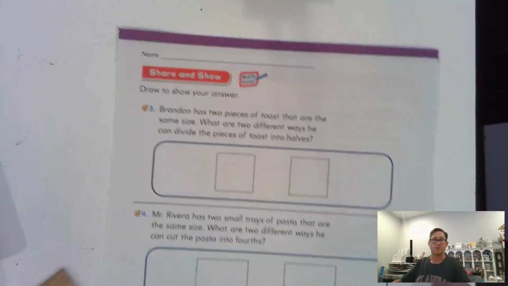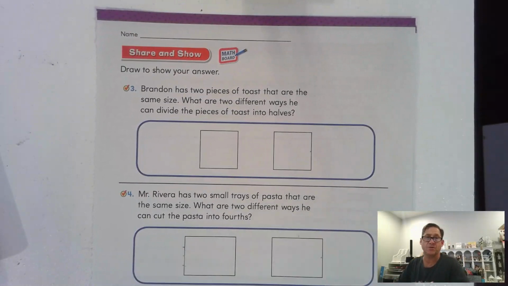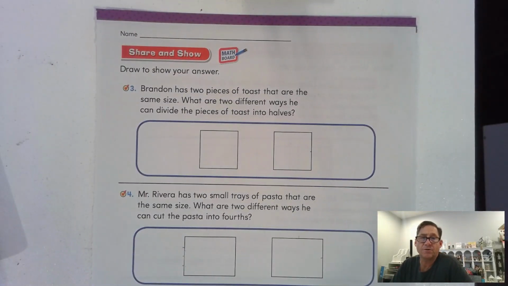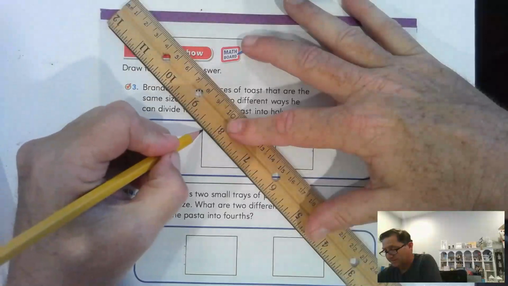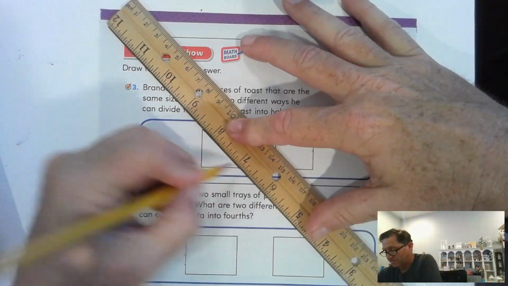563. Draw to show your answer. Brandon has two pieces of toast that are the same size. What are two different ways he can divide the pieces of toast into halves? Well, we've already done this once. So again, we can do that way.